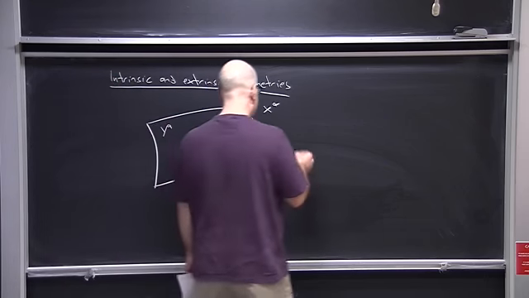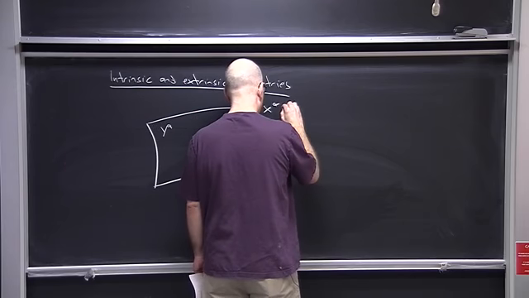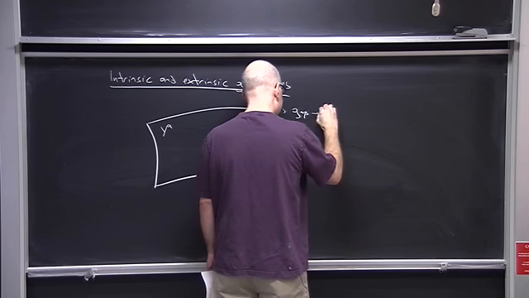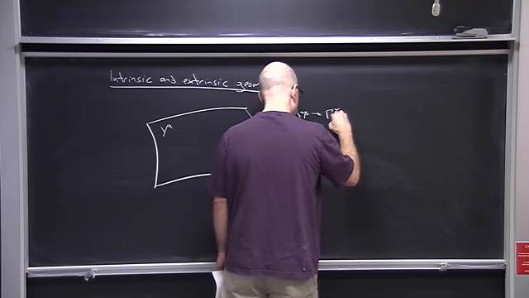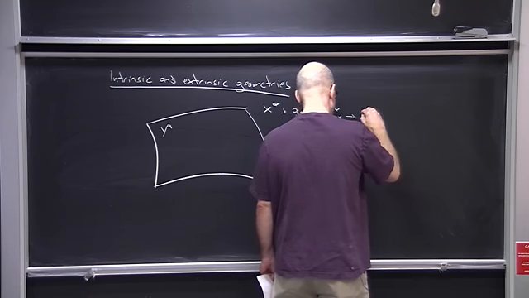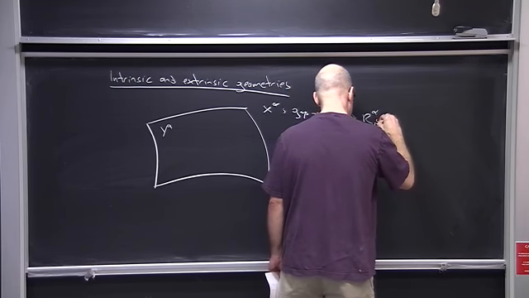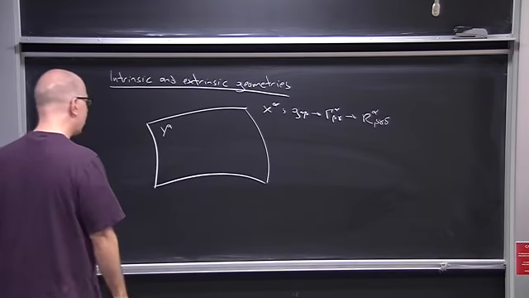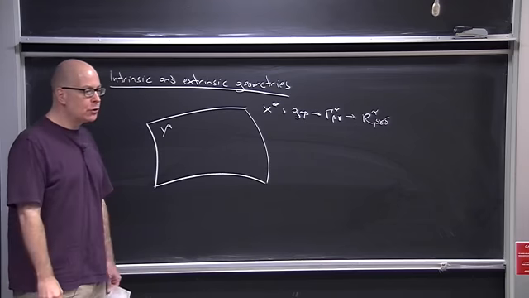In the spacetime, in the bulk, we have a metric, g_{αβ}, that gives rise to a connection that gives rise to a curvature.